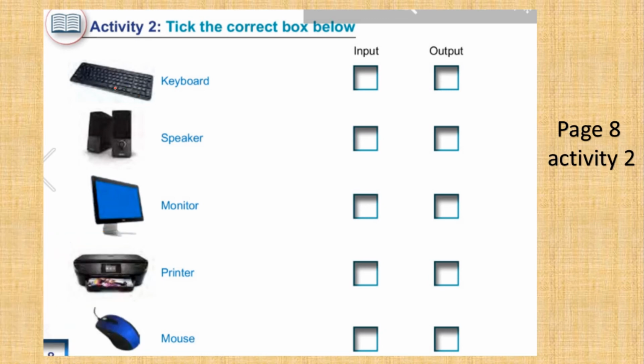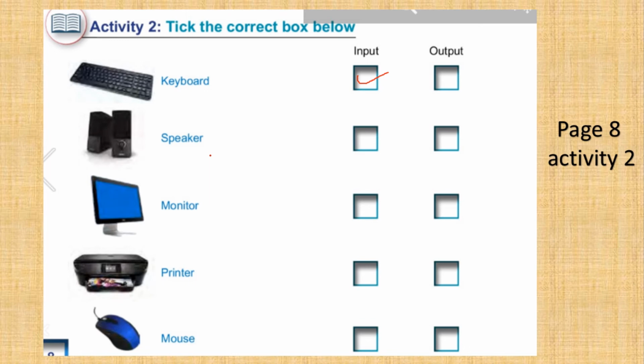Why do we use the keyboard to enter a sentence into the computer? So we are putting data into the computer. So the answer is it is an input device. Next, what is the speaker?